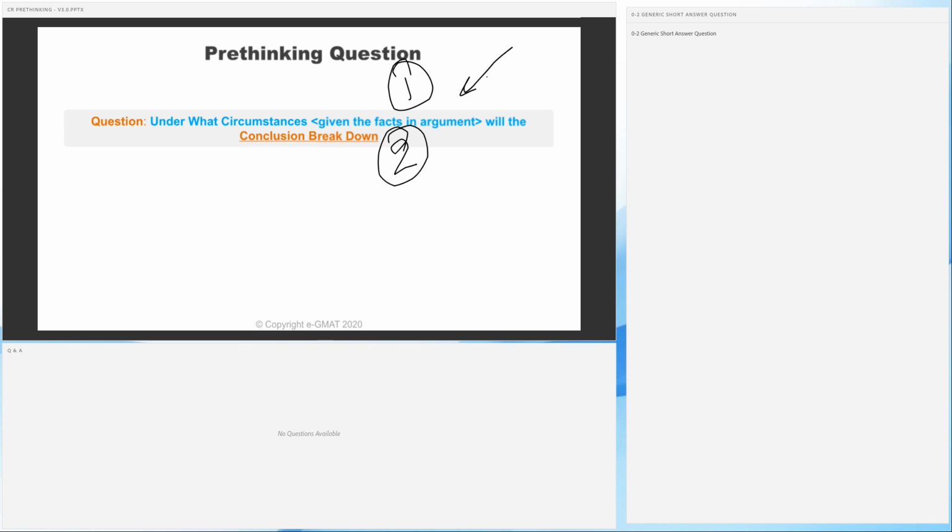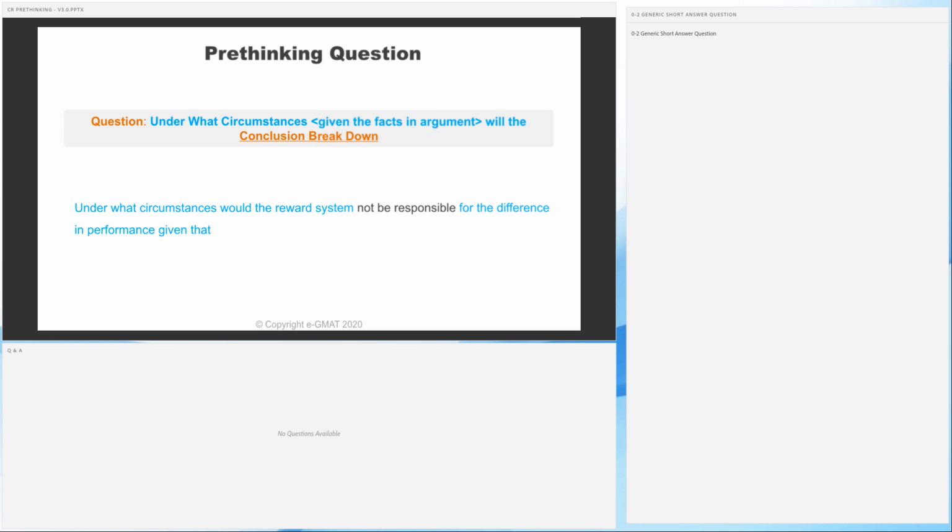We're going to take the information from the argument and fill in the blanks over here for 1 and 2. Under what circumstances will the reward system not be responsible? So this is 2, and this is 2. Can you see the conclusion breakdown criteria translated to the reward system not being responsible?